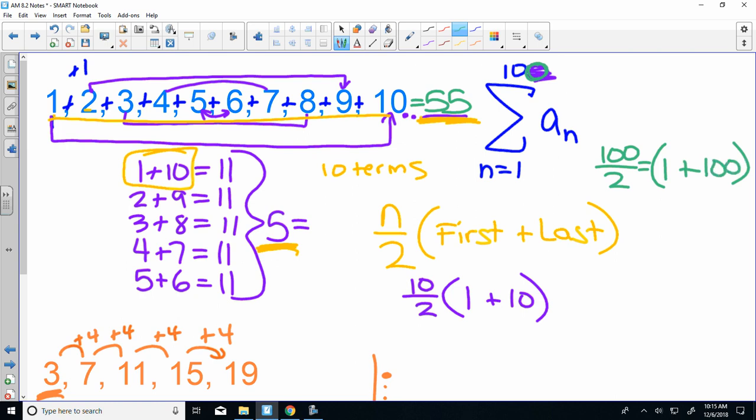And 100 divided by 2 is 50, and that would be 101. Why am I putting an equal sign in there? We don't need that. That should be a times sign, multiplication. And then 50 times 101 is 5050.